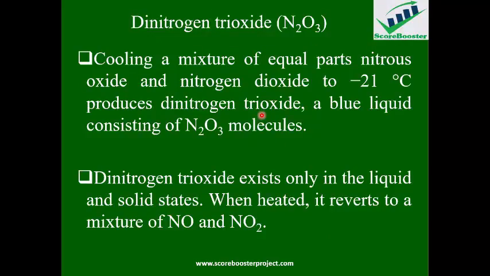You are going to have the N2O3 molecule. That is dinitrogen trioxide. That is how to prepare it, by cooling it to minus 21 degrees Celsius. So it is always in liquid or solid state.